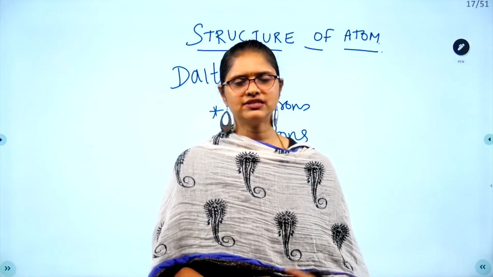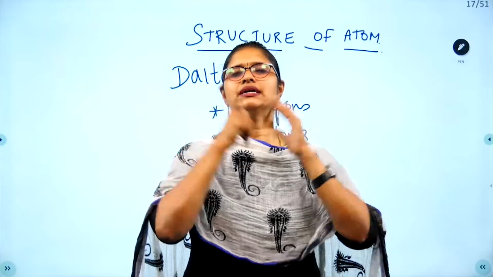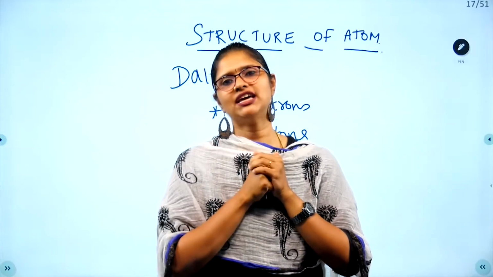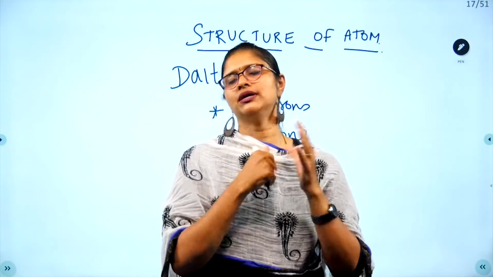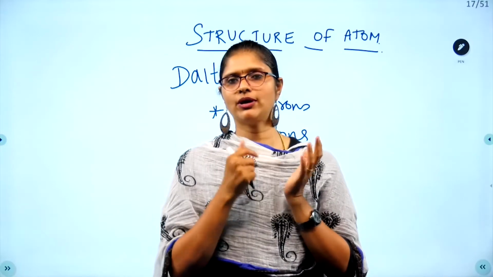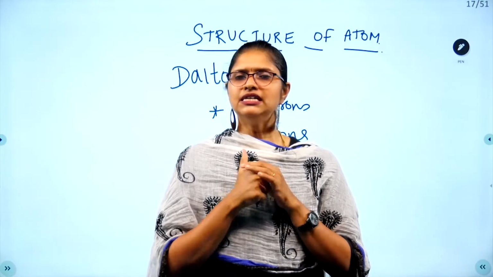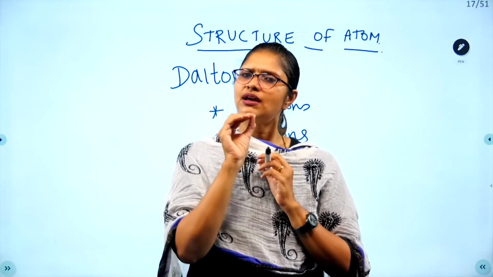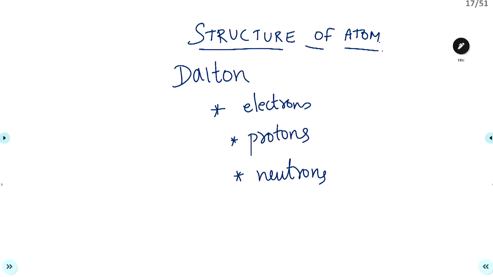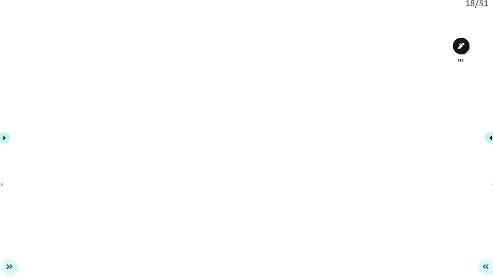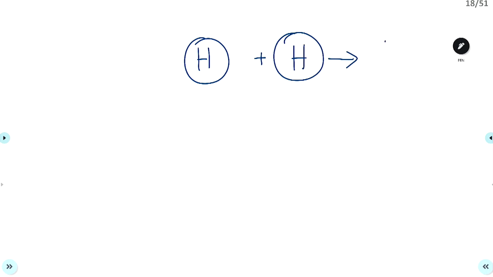And next what he said is when two similar atoms combine to form a molecule, to form a compound, the atoms of similar type will have similar properties. For example, when a hydrogen atom combines with another hydrogen atom, it forms a hydrogen molecule, right?